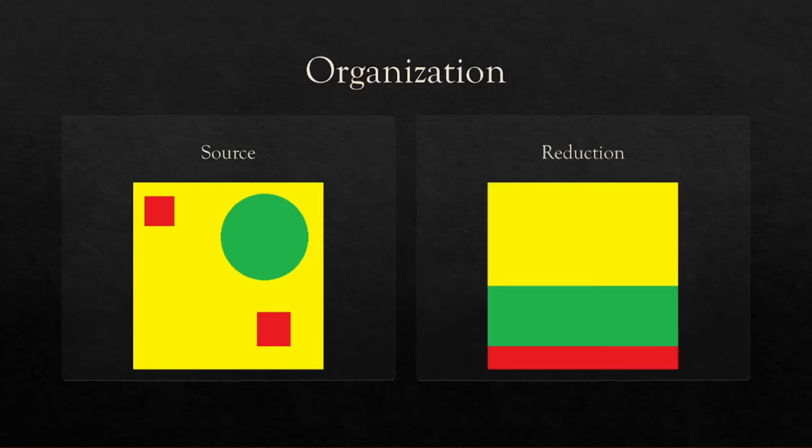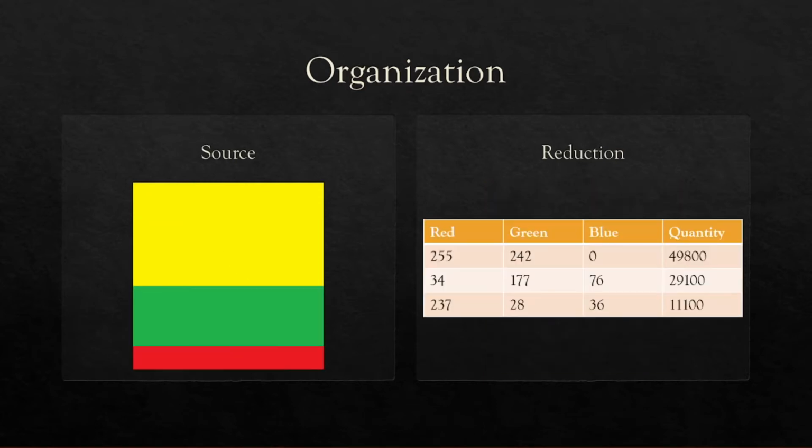By organizing our data in a way that makes the position in the original image irrelevant, we can more easily identify the colors that may have slipped by when using that more naive approach. We can even further reduce the data, but this time more conceptually. Here we can reduce the data to a simple list with properties that define those colors.